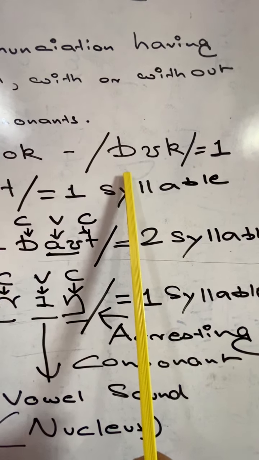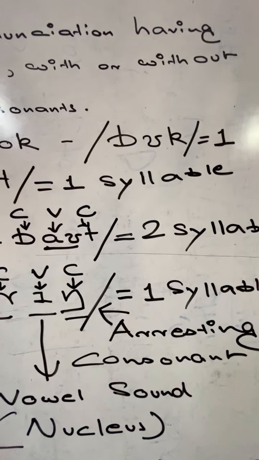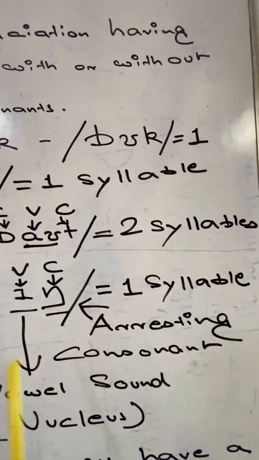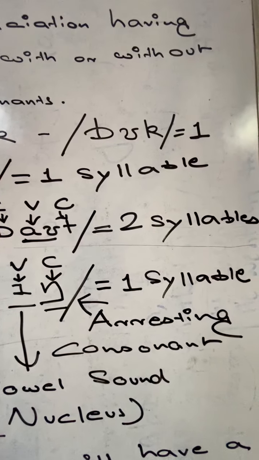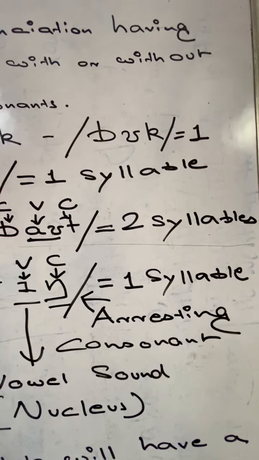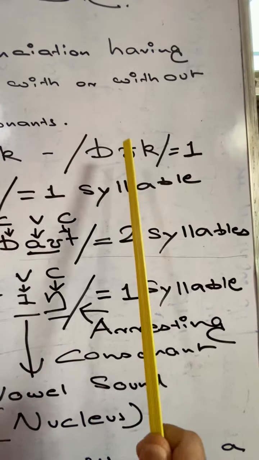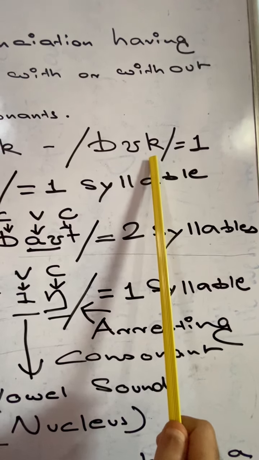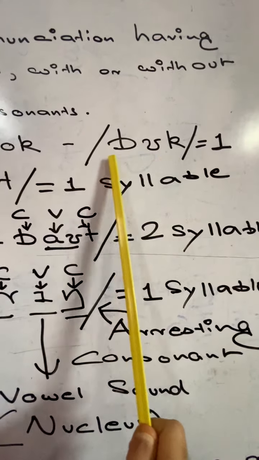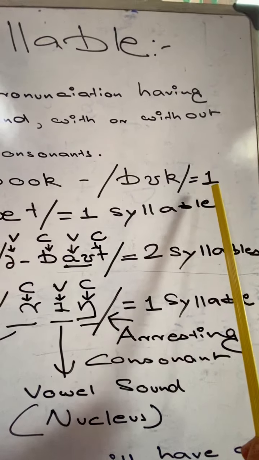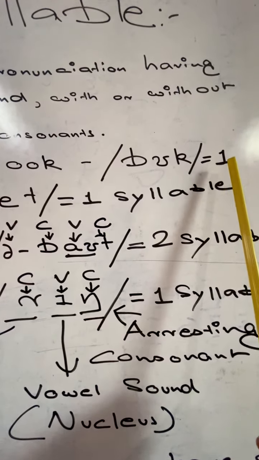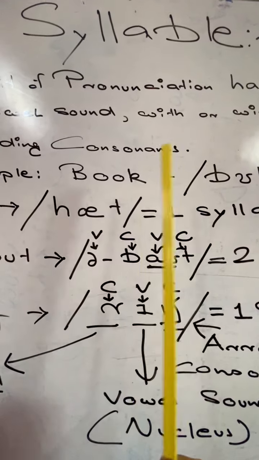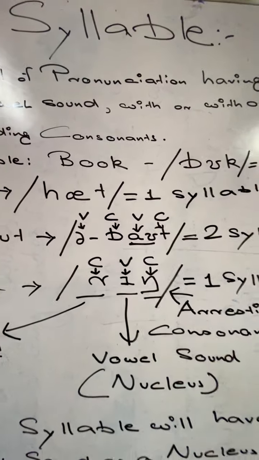When we pronounce book, we don't pronounce two O's; it is pronounced as bu and k. How many syllables are there in book? There is one syllable, because you cannot break the word book into different parts.